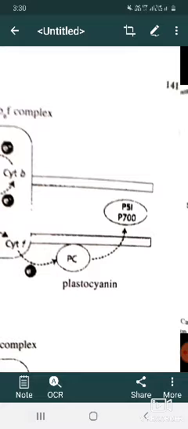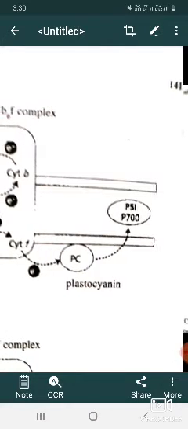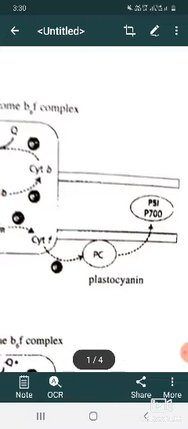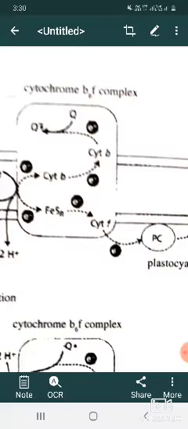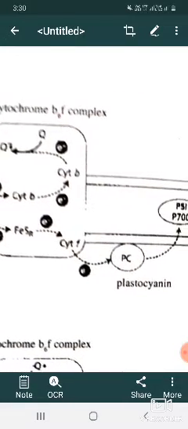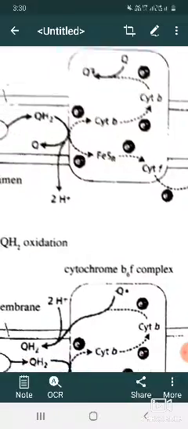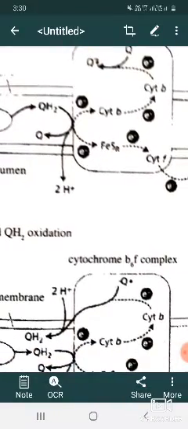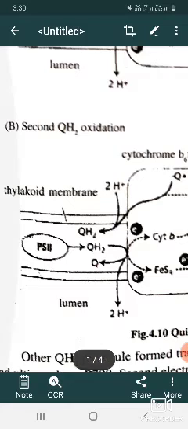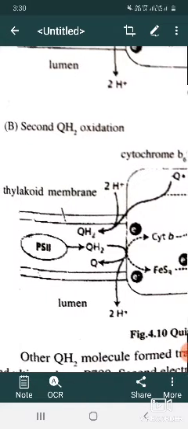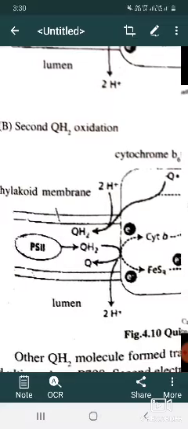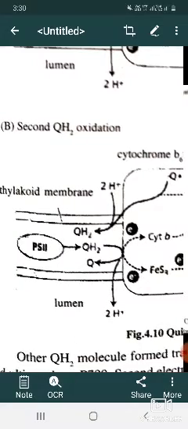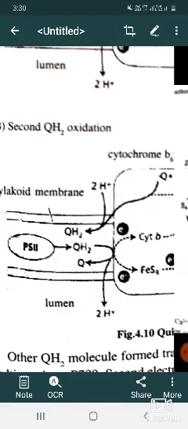So, to cytochrome f and later PC, and the electron from reduced cytochrome b is transferred to quinone through the other cytochrome b molecules to form semiquinone. The other quinol molecule formed transfers electrons to PC through the iron sulfur protein and ultimately to P700.